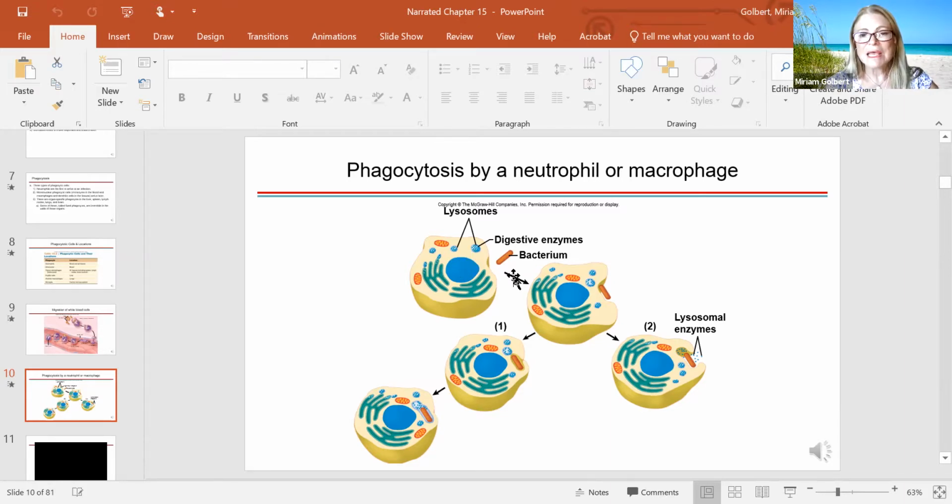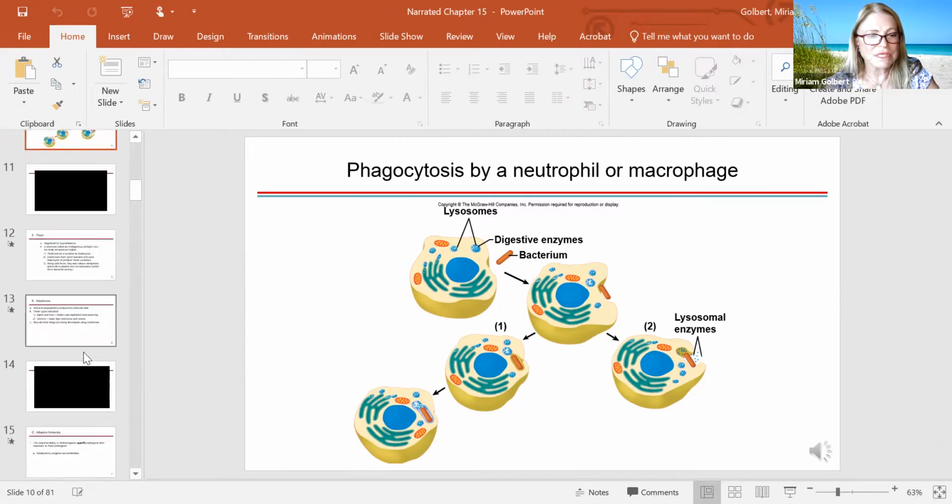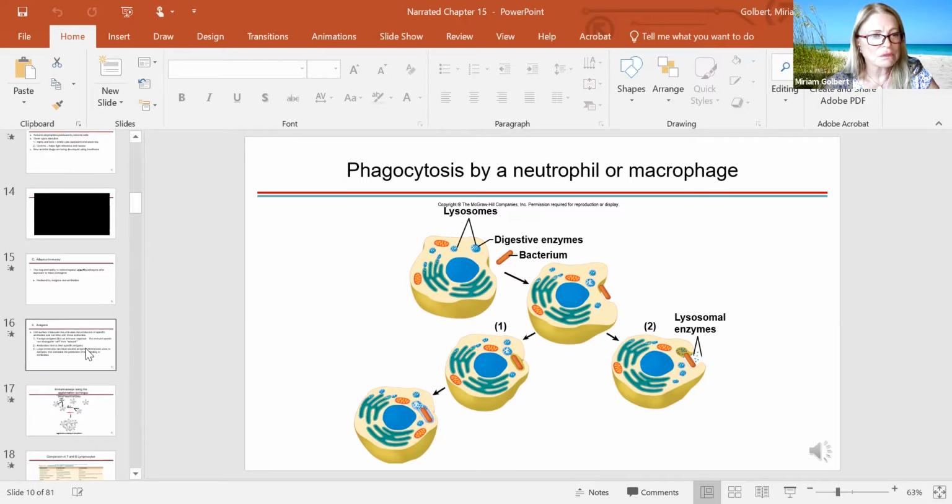So what happens is that the initial little vacuole fuses with the lysosome, like you see here, they become one, and then the lysosome with all those digestive enzymes is going to destroy or break into pieces that bacterium or anything that has gotten in. So that's the process of phagocytosis, which you should have learned a long time ago, right?